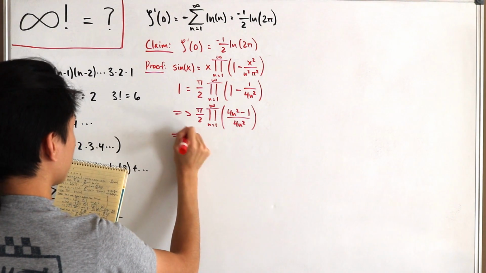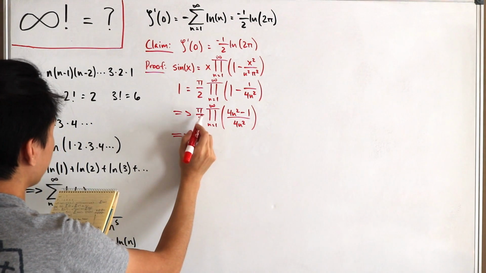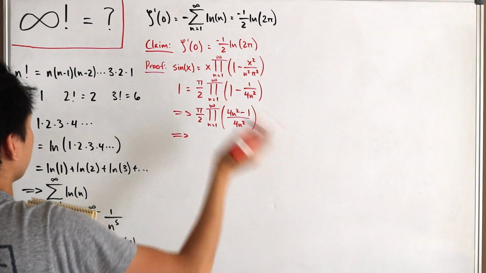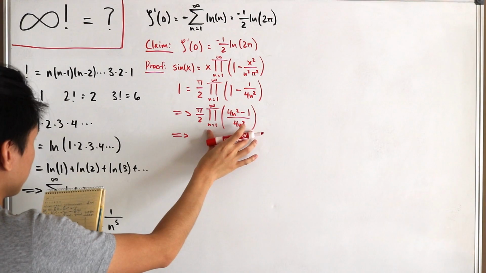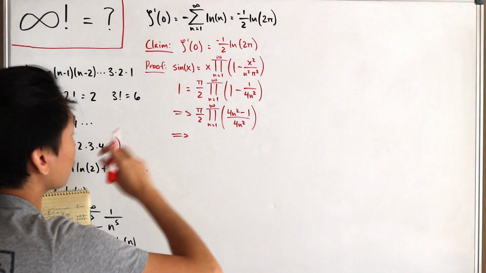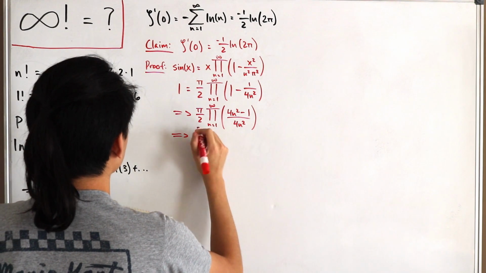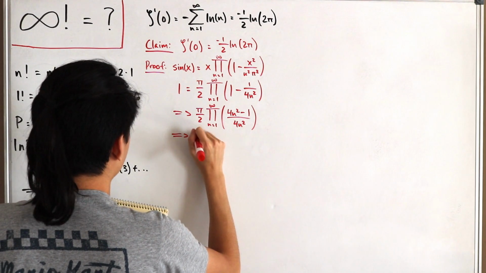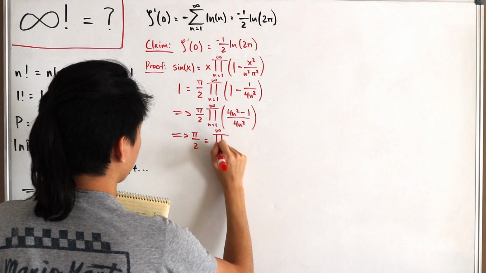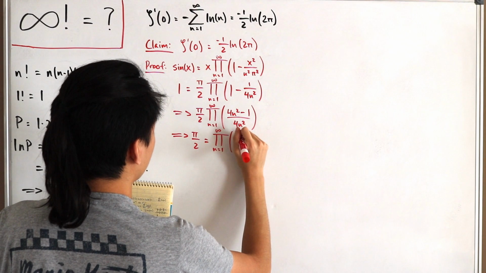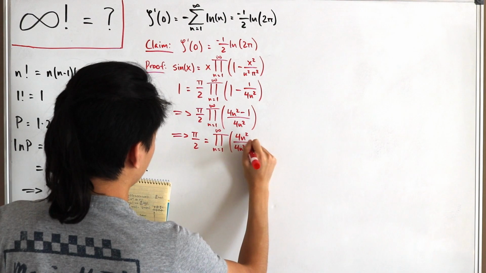Next, I'll divide both sides by pi over 2, so the left-hand side will be 2 divided by pi, and we're left with the infinite product expression. Now I'll take the reciprocal of both sides, so the left-hand side is pi over 2, and on the right-hand side we have 4n squared divided by 4n squared minus 1.